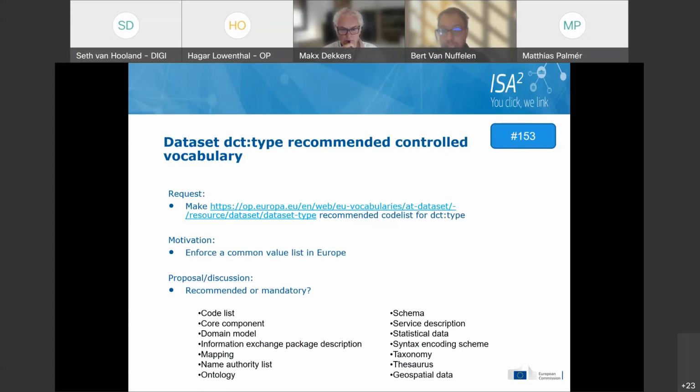The current list is here. The proposal is for it to be recommended. If you want to say it's mandatory, then in theory you can still have multiple, and you can use another code list in your local profile, but that will be in addition to this one. That's the typical interpretation we have for that.